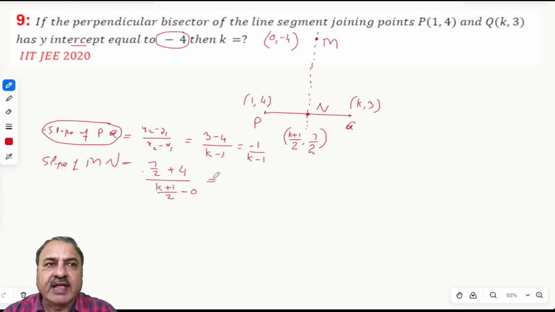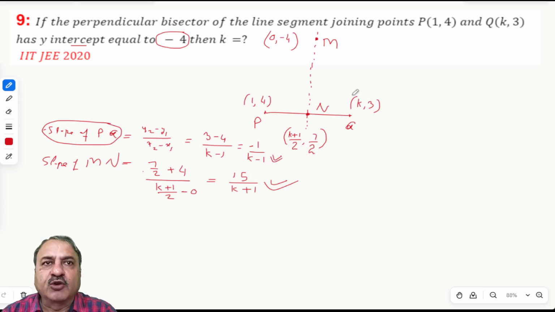Now we have to simplify it. So we will get 4 into 2, 8 plus 7, that is 15, divided by k plus 1. You can try it and you will get the same. This is the slope of MN.